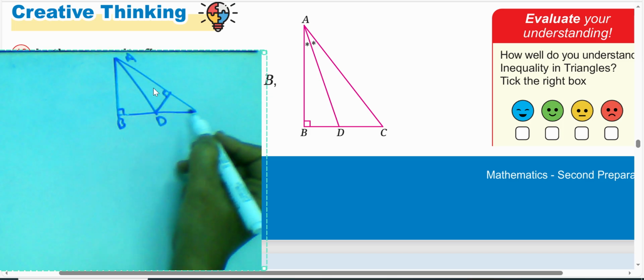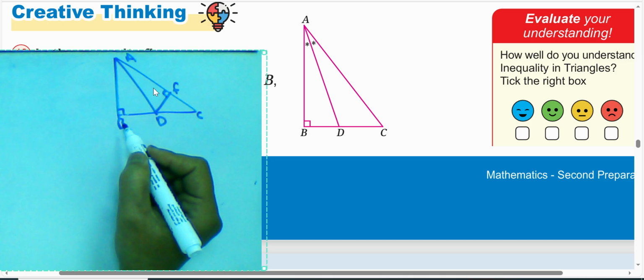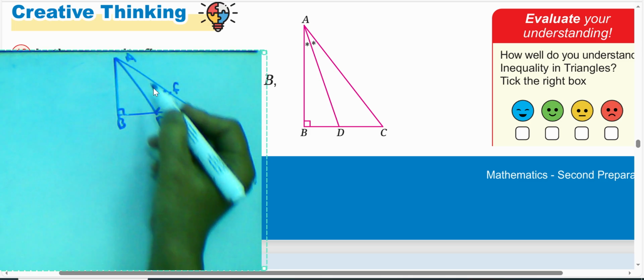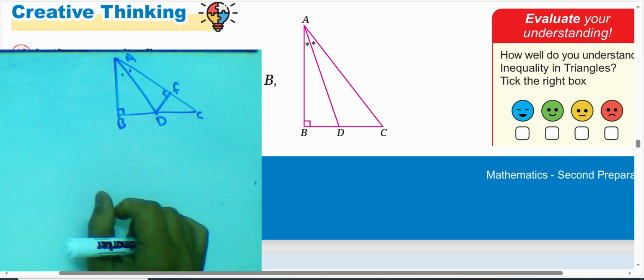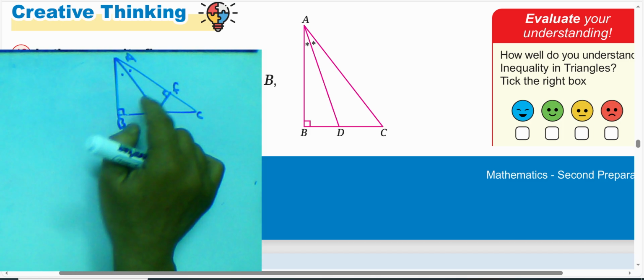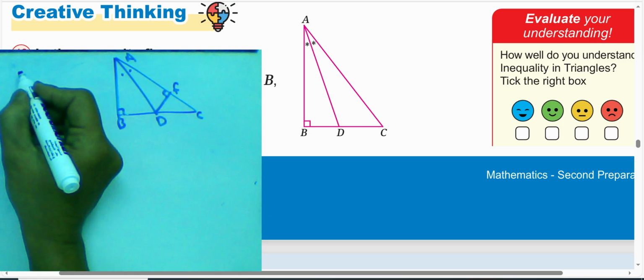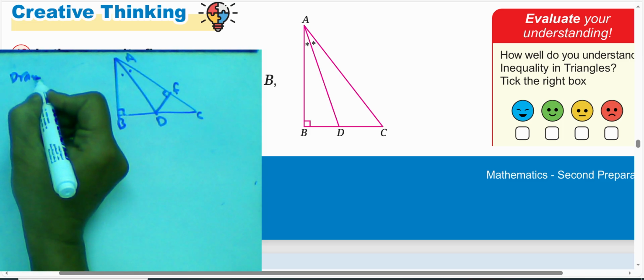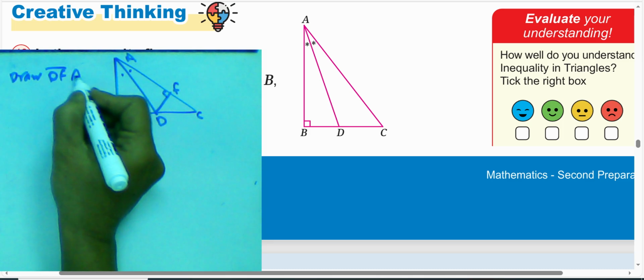We have B and C, and here F. I will draw DF perpendicular to AC, and we have two equivalent angles here. Then we can prove that two triangles are congruent. First step, draw DF perpendicular to AC.